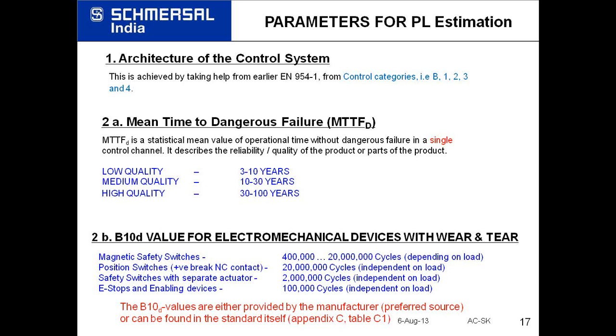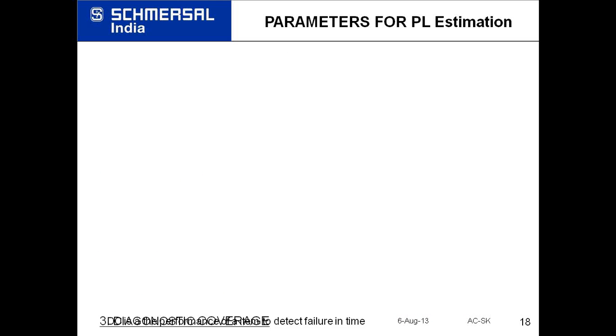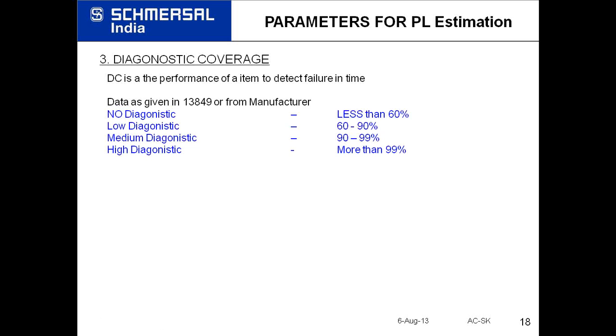These values have to be met by the manufacturers. I will not go much into these details, but the third parameter is about diagnostic coverage. Diagnostic coverage is the ability of the system to detect failures in time before an accident happens.